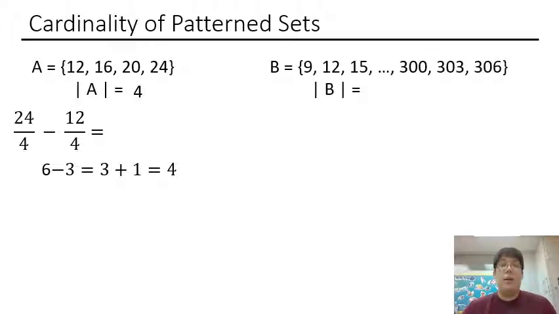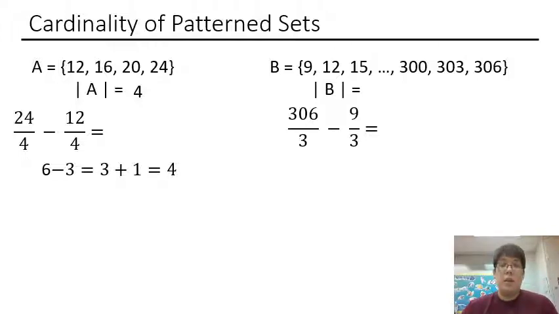Great. Now let's look at a more complicated set. We have 9, 12, 15, then 300, 303, and 306. So you can probably see that these are all of the multiples of 3 from 9 all the way to 306. So let's hope that our little pattern here works because that's a lot of numbers to write down and try to figure out.